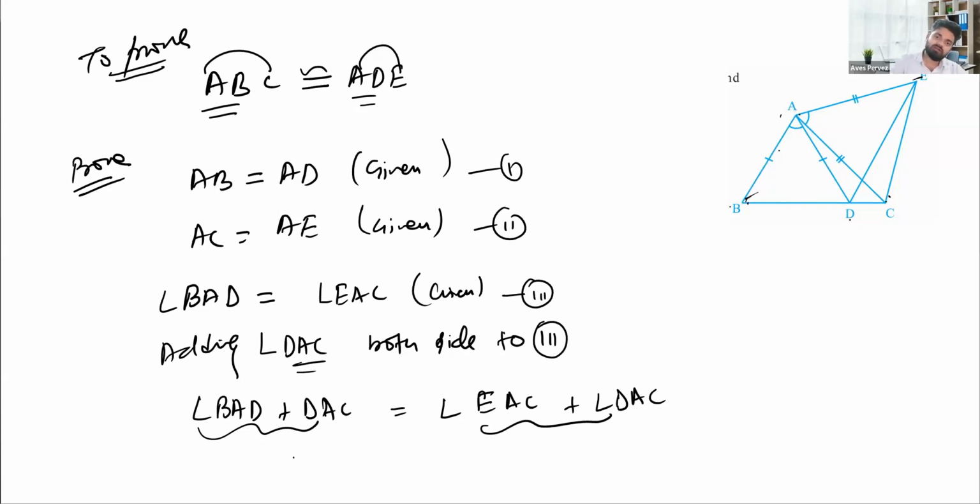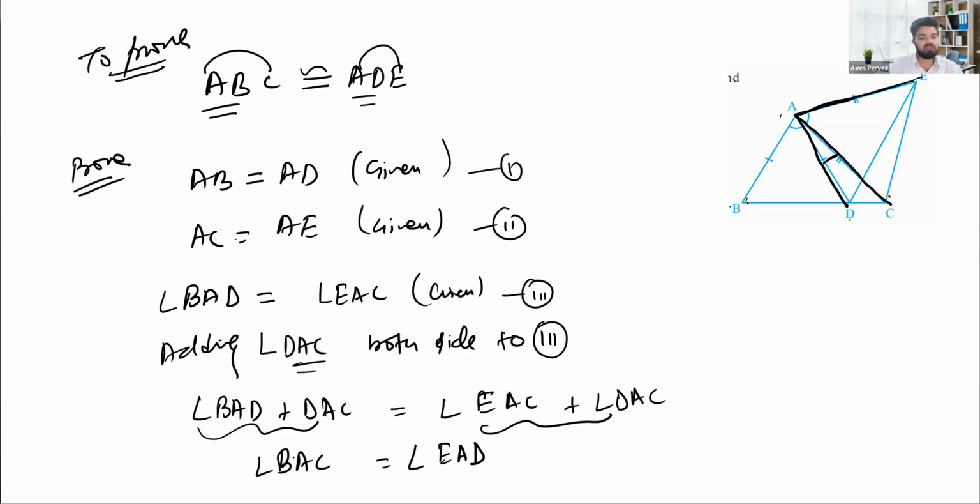If we add BAD to this, it becomes as a whole angle BAC. Similarly in this one, if we add this, it becomes as a whole angle EAD.